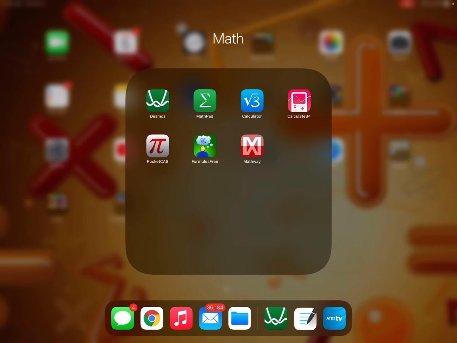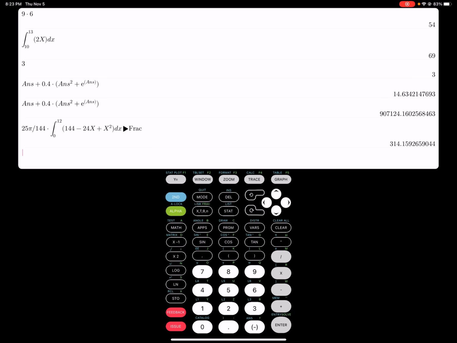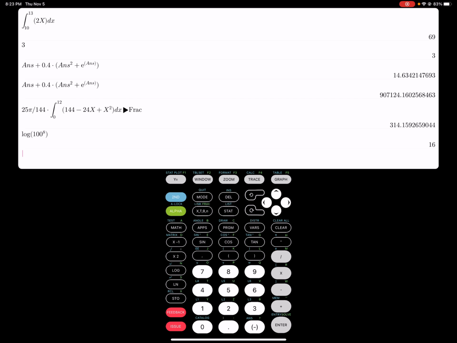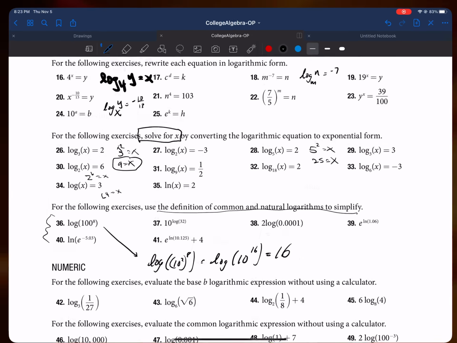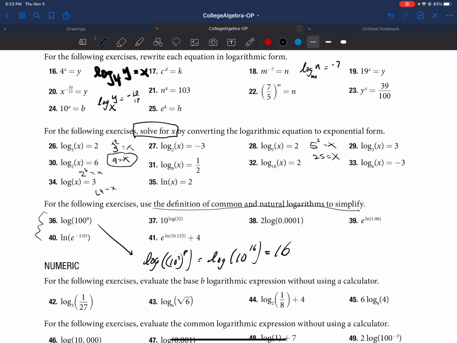And you can see that would be the answer if I did this and said, what is log of 100 squared raised to the 8th power. There it is on the right hand side over there. I can't point to it with the laser pointer, but you see that it is 16. And so that is how you get something like that.